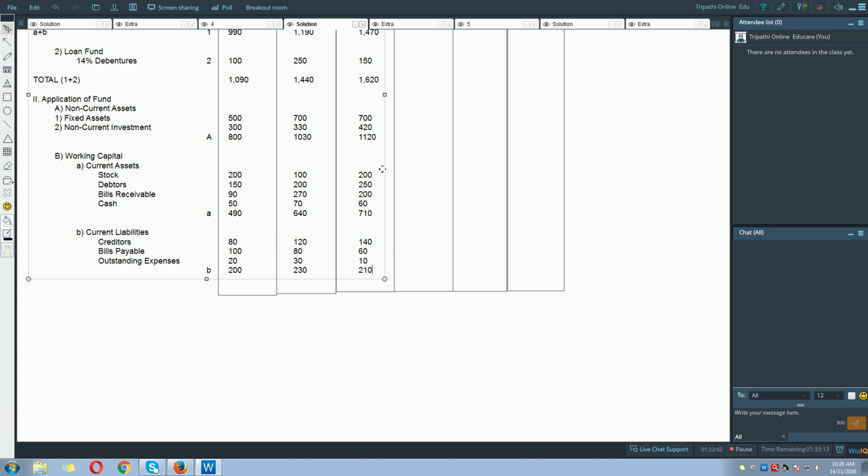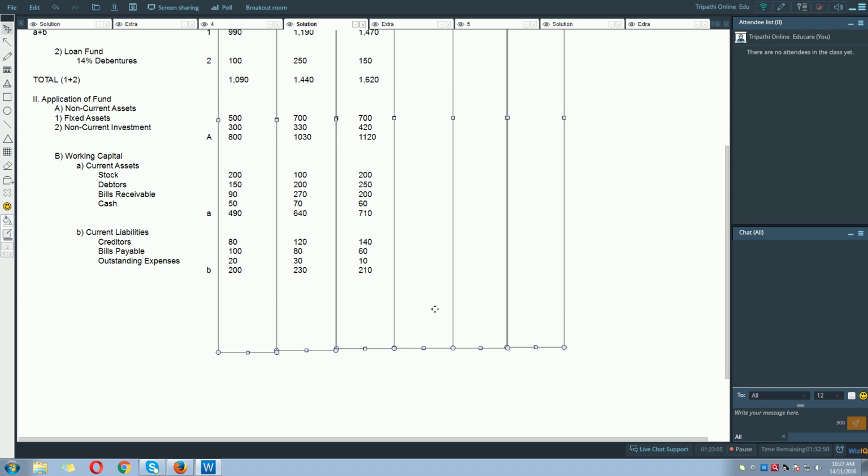B, current liabilities. Creditors 80, 120, 140. Bills payable 100, 80, 60.